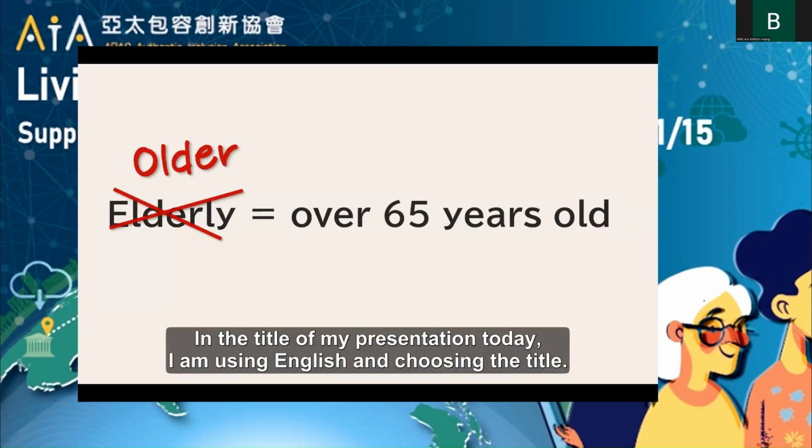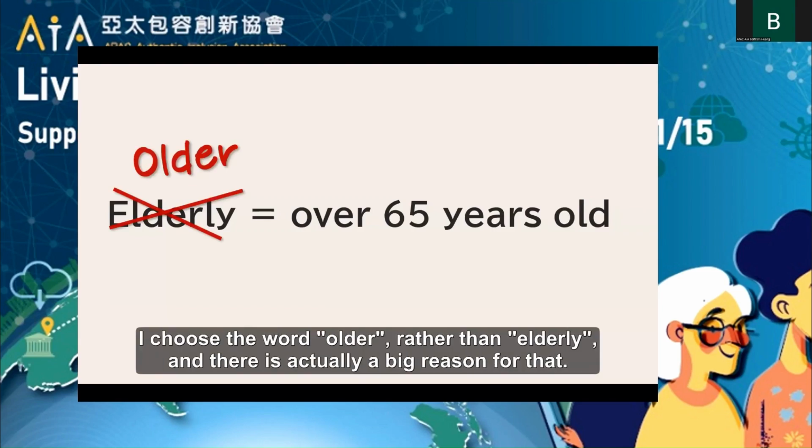In the title of my presentation today, I am using English. In choosing the title, I chose the word older rather than elderly. And there is actually a big reason for that.